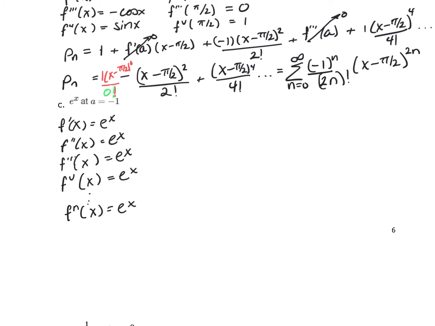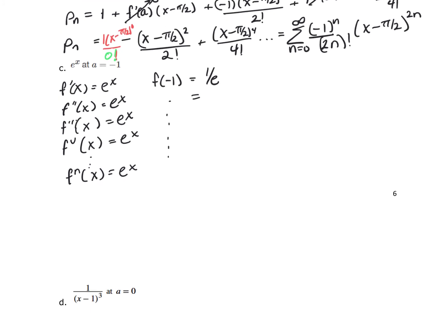That means when I put in my -1, so f of -1, each one of these I'm going to get 1 over e, and then I'm going to add all of these, because e raised to the -1 is 1 over e.